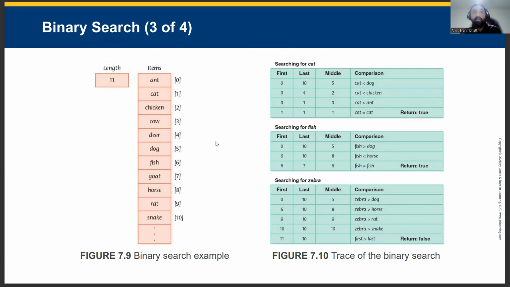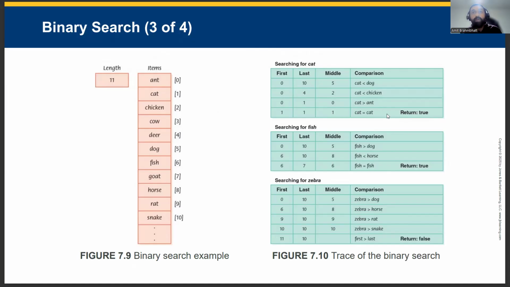Here in this slide, we are searching first for cat, and then for fish, and then for zebra. And then we see each iteration of how the search space becomes smaller.